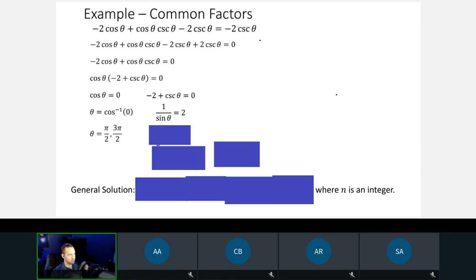Also convert cosecant to 1 over sine. Use that diagonal trick, which I think is amazing. Swapping sine theta and 2, saving us a couple math steps. Inverse sine both sides. And the question is, what is the angle when your y value is 1/2? Check out your unit circle.